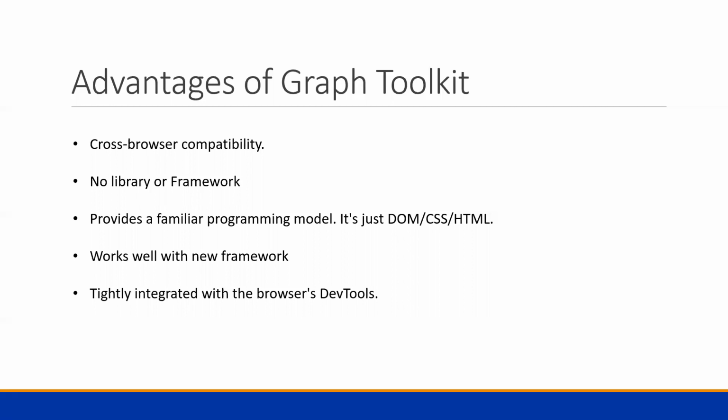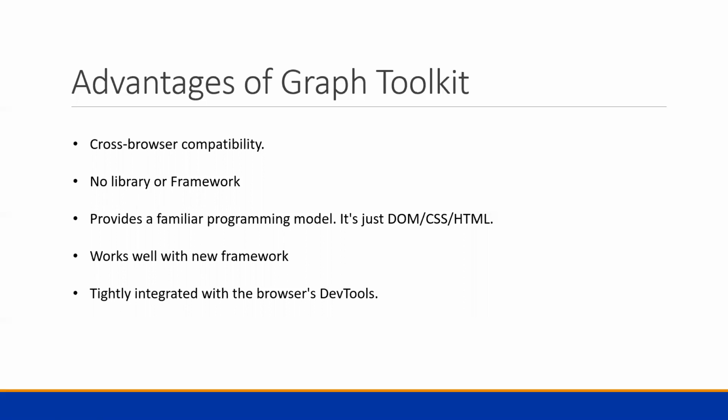It provides a familiar programming model. It's just DOM, CSS, and HTML that needs to be manipulated. So it's really a familiar programming model. It works well with new frameworks, and also the new features of the web platform like shadow DOM, CSS custom properties, and HTML templates. These work well with all those frameworks and platform features.